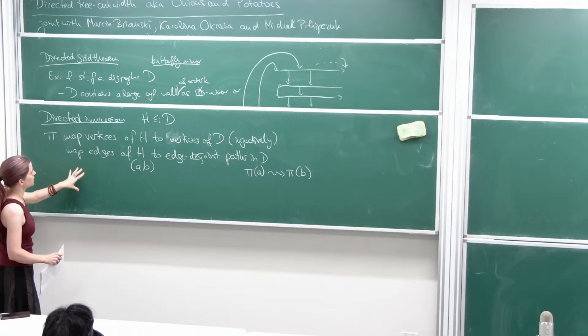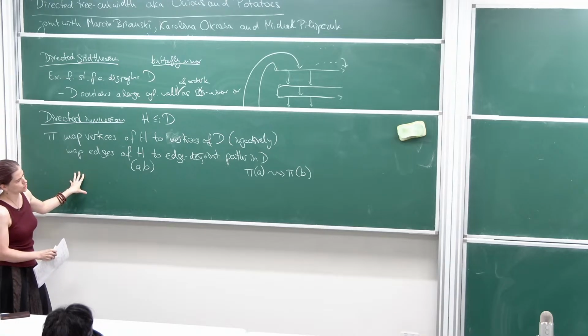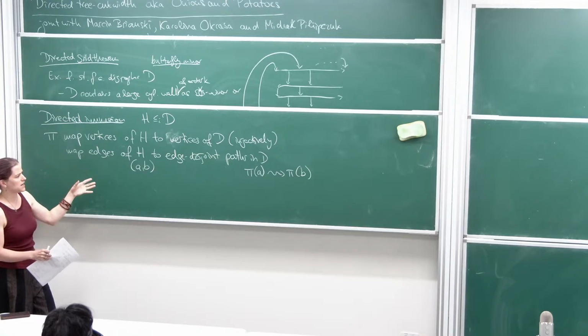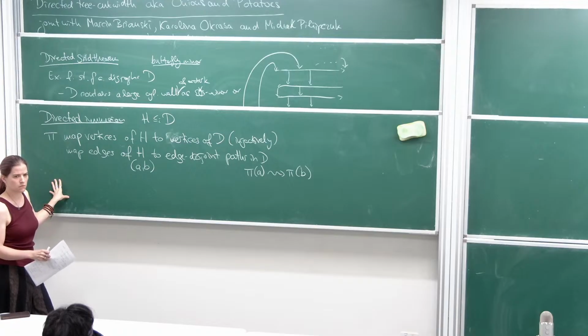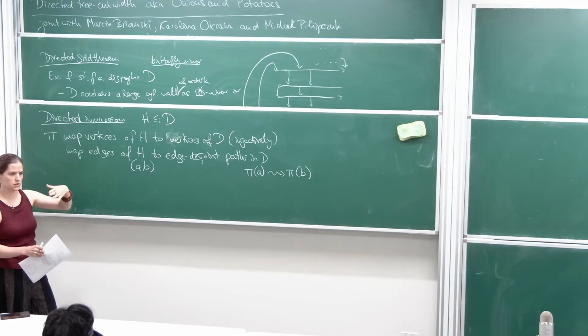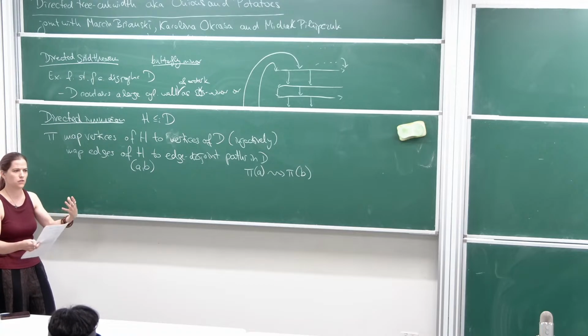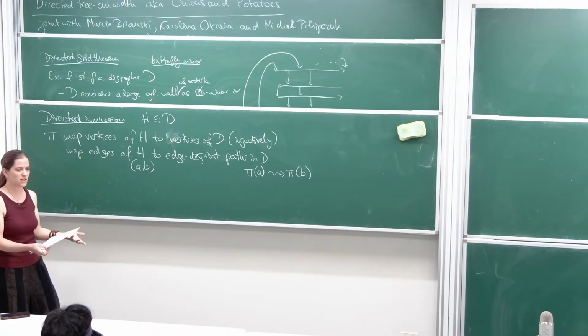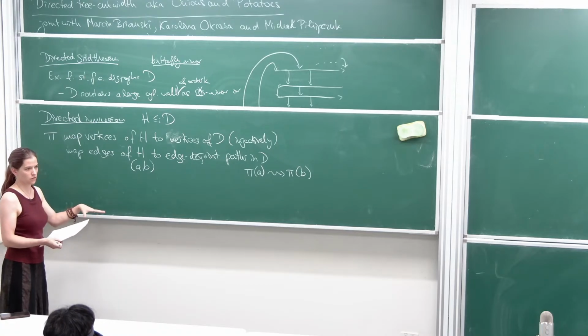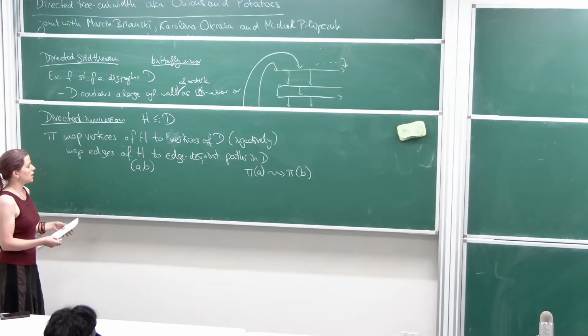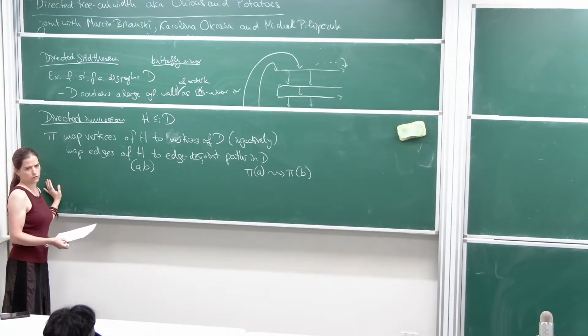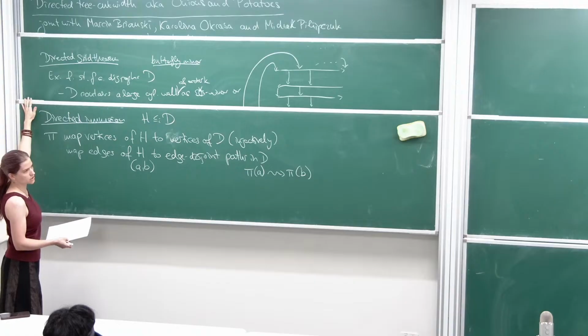Because we care about edge-disjointness and not vertex-disjointness, we do allow multi-edges between vertices, because now I can use several edges between vertices, and it makes a difference whether I have one or two. In the vertex-disjoint case this doesn't make a difference, so normally we just work with simple graphs. What we still don't allow is loops. So multi-edges yes, loops no.